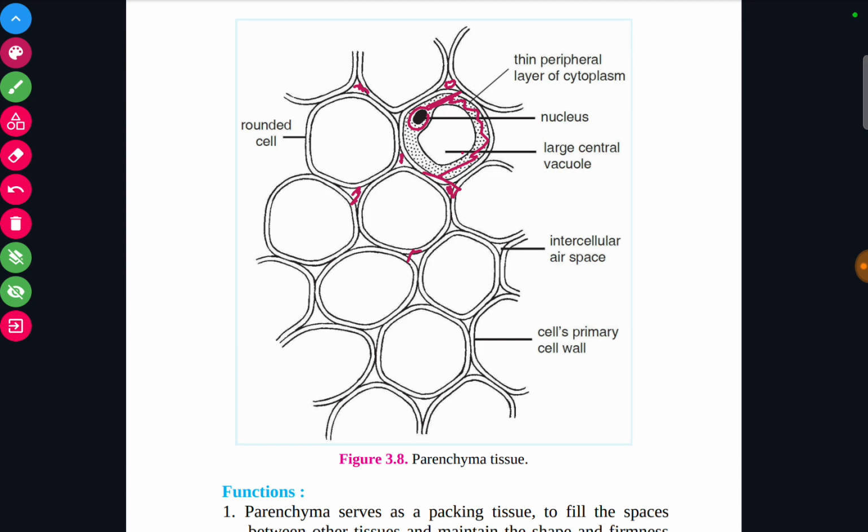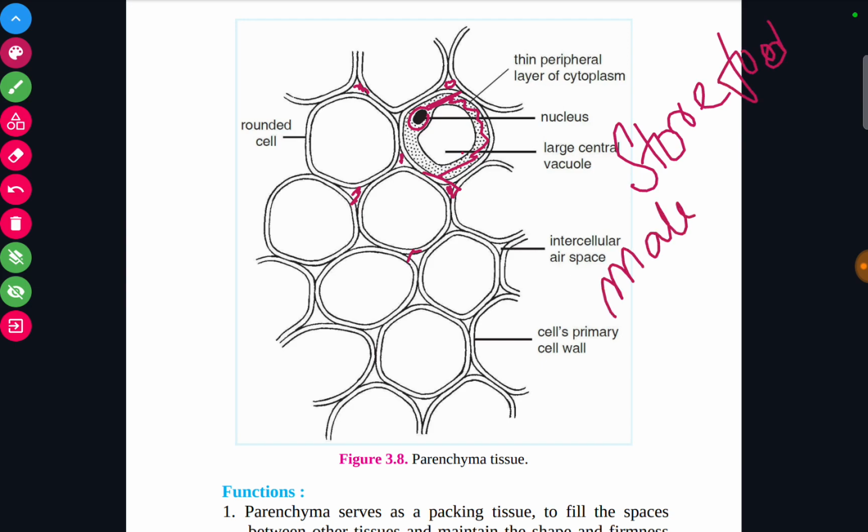They help to store food material, and also provide temporary support to the plant, as they are a supportive tissue. So support is a common function they perform, but in addition to that, they also store food material.